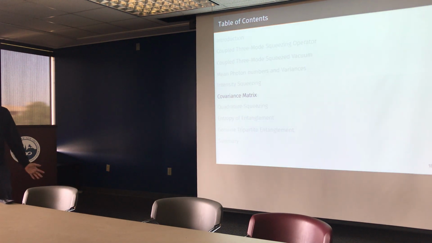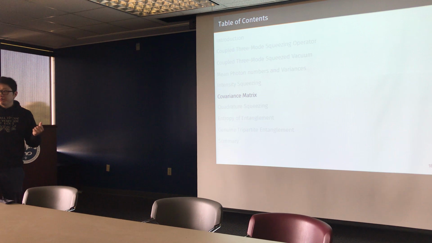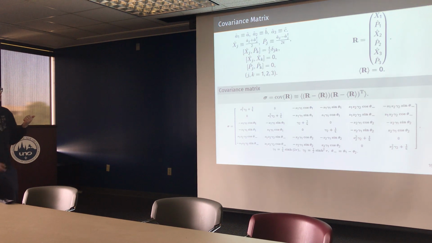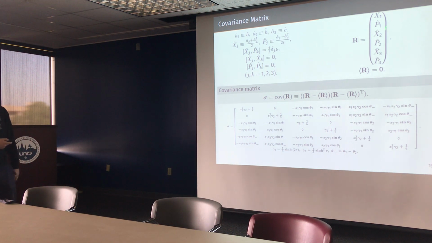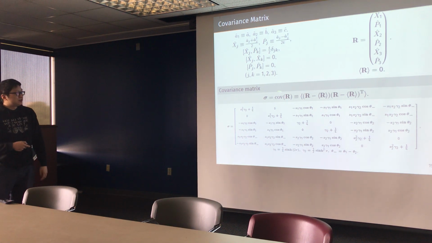So next we want to look at the quadrature squeezing, but before doing that, we want to obtain the covariance matrix first. So the covariance matrix is just a matrix that contains all the information of covariances between the quadrature operators. So here, x1, p1 are the quadrature operators for mode A, and x2, p2 are for mode B, x3, p3 are for mode C. And the covariance matrix is just the second moment of this vector that contains all the quadrature operators.